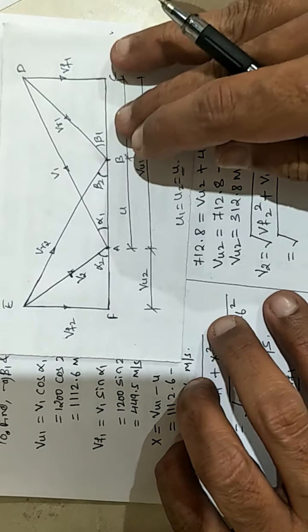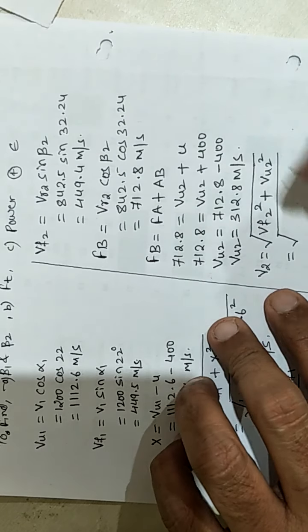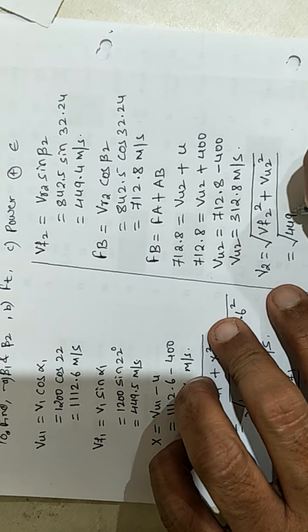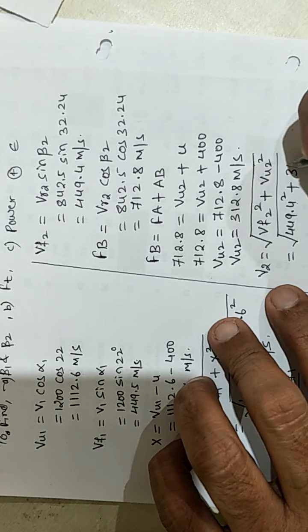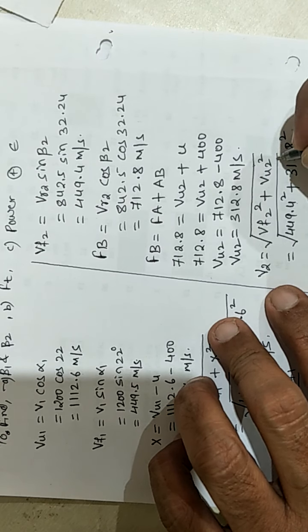So what is the value of VF2? VF2 is 449.4 square plus VU2 is 312.8 square.